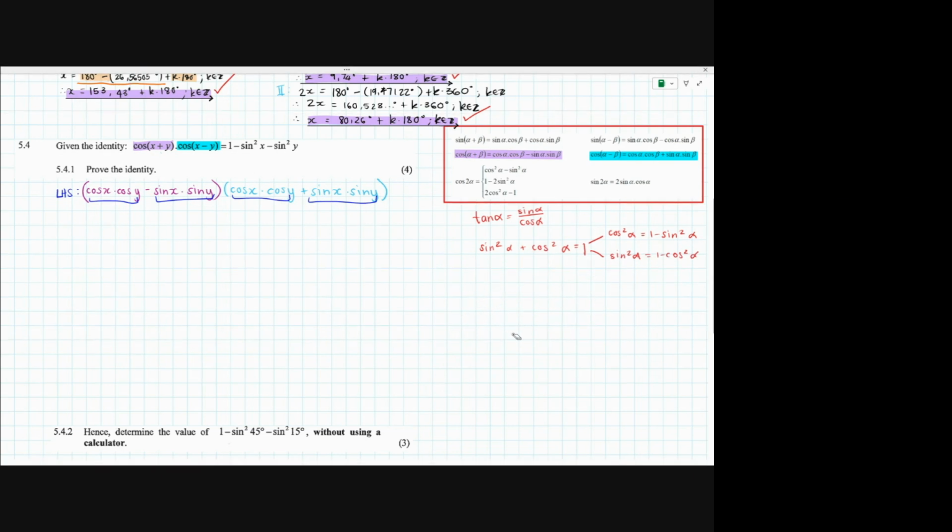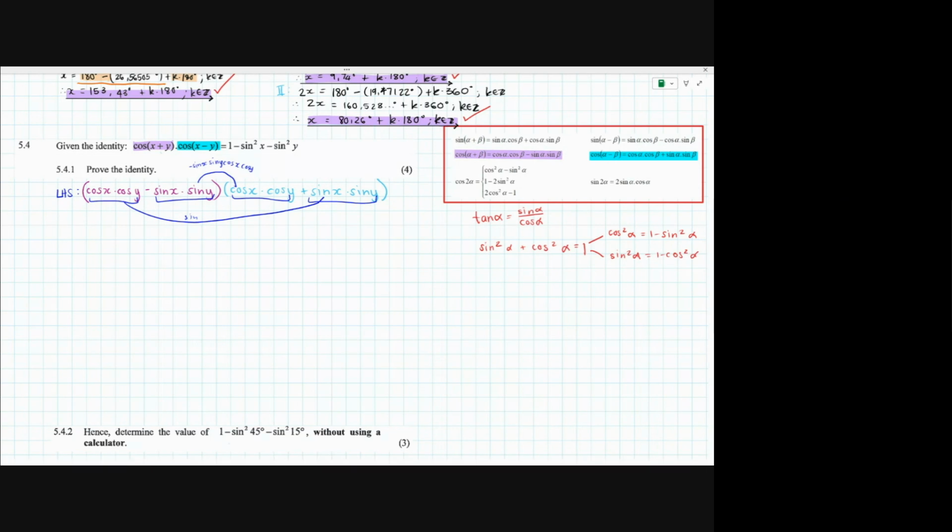Now, the reason I'm pointing this out is because we know that when we go and distribute, these middle and outer terms are going to cancel each other out. You would have a minus sine x sine y cos x cos y, and then a plus sine x. I'm not writing that all out because there's a reason that it becomes difference of squares.